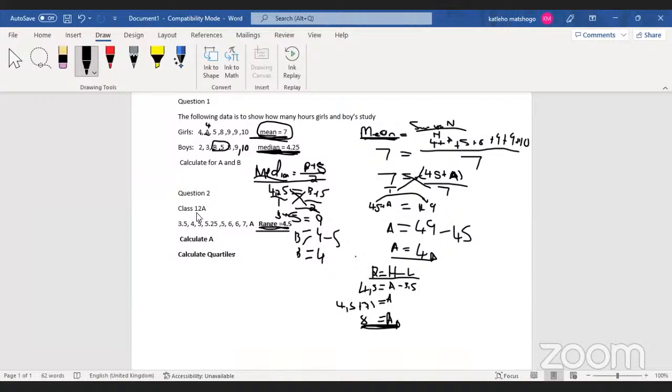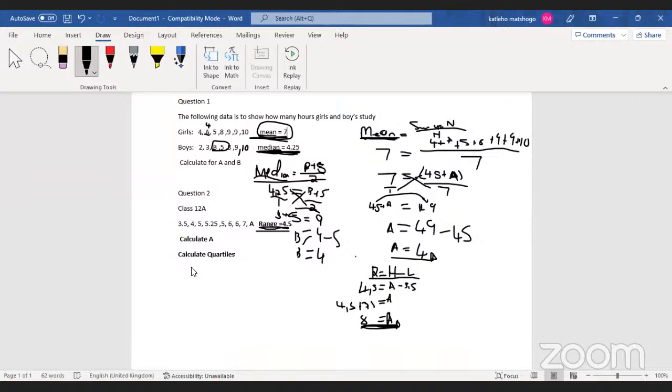So now we are given these things. As I was saying, I have to explain to you how to calculate quartiles, and the time is gone. I don't know if you want us to stop here and continue in the next class.